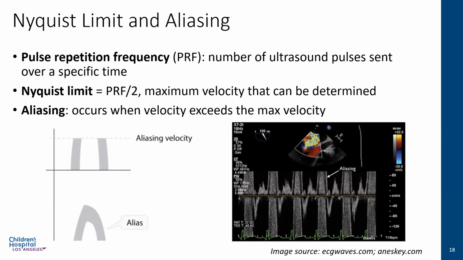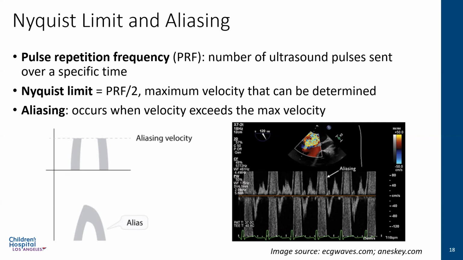One of the problems with pulse wave Doppler is that, like we mentioned, if you're at a high velocity, you're going to be limited because of this concept of the Nyquist limit and aliasing. So pulse repetition frequency is the number of ultrasound pulses that are sent over a specific time.